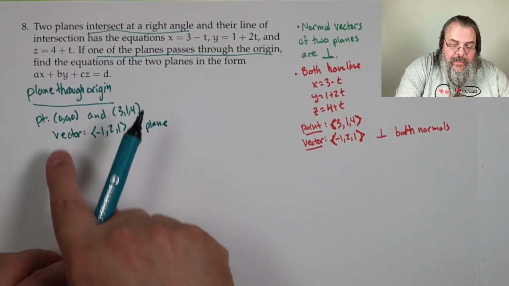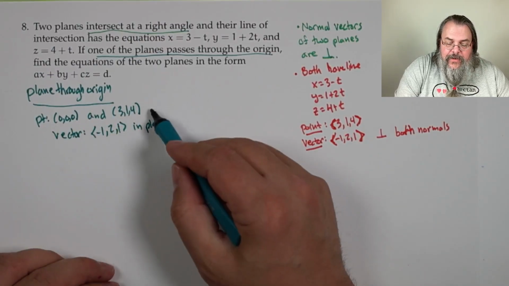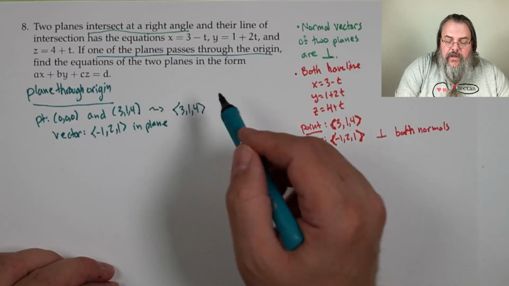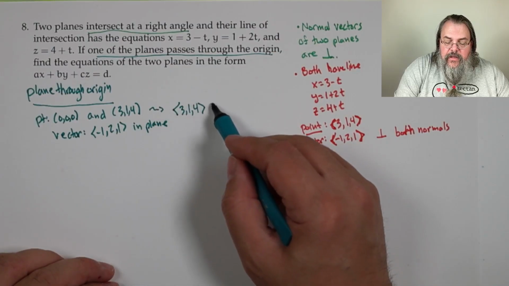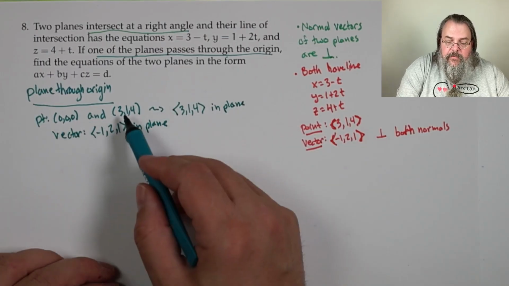Now, here's the thing. If I have 2 points, what do we have? We have a vector. So (3, 1, 4) is also in the plane. So the vector between these 2 points is in the plane.